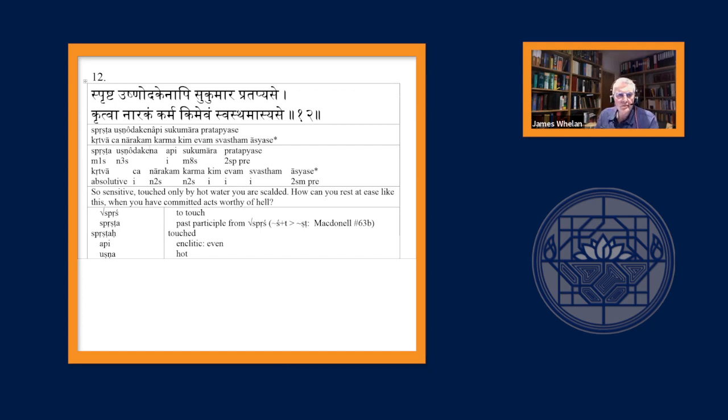Adjectives and noun. An adjective will alter its ending to agree with its noun. But it doesn't have to. You can merge an adjective with a noun to make a compound. So here, ushna udakena, with hot water, sprishta ushna udakena, splashed with hot water.